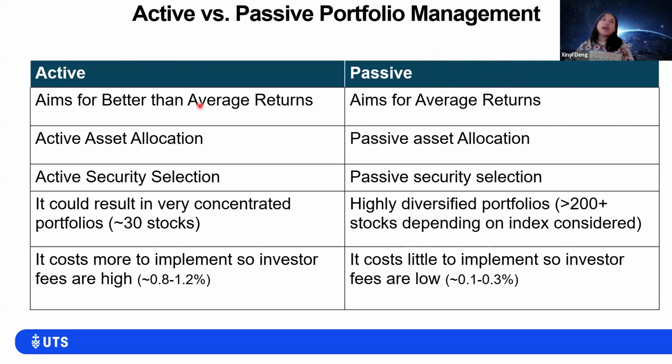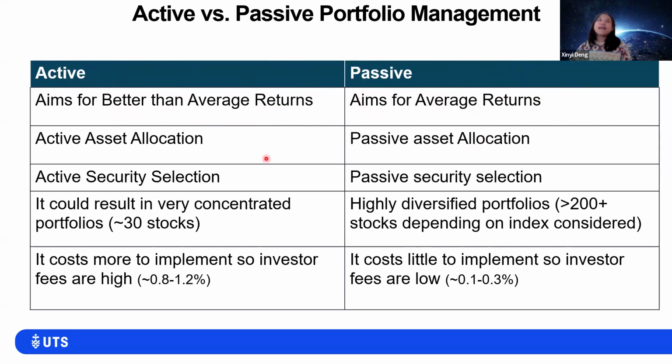And on the other hand, for the active portfolios, the portfolio managers aim for better than average returns. So the aim is to achieve higher than the market returns, unlike the passive methods.